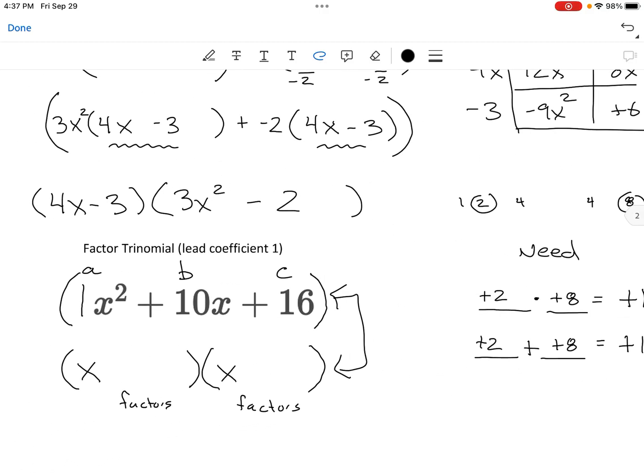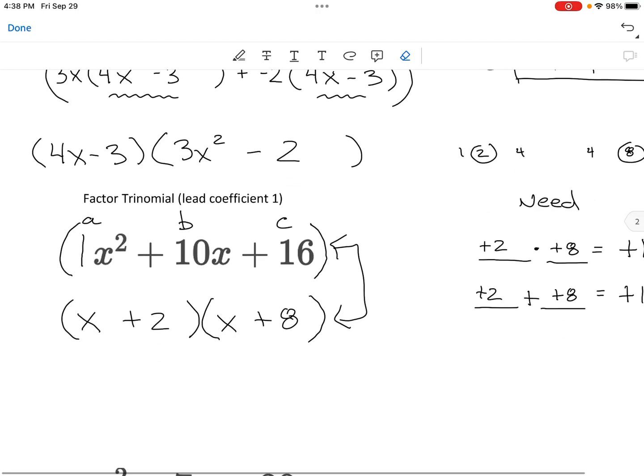When you have found these numbers, they will be the constants that belong in each of these 2 factors. You could check yourself: does x plus 2 times x plus 8 really give you the trinomial? You could use the box method or FOIL method.